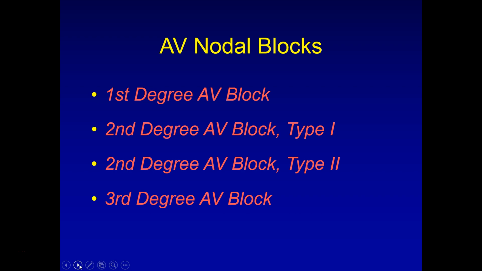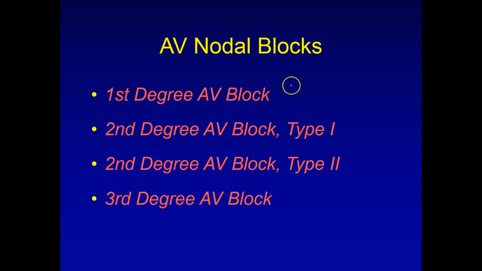One of the concepts that helps is to think about the blocks in terms of conduction to the ventricle. All of the rhythms in this section originate from the sinus node through the normal conduction pathway. Somewhere along that pathway, the impulse gets blocked, and sometimes it gets to the ventricle and sometimes it doesn't.